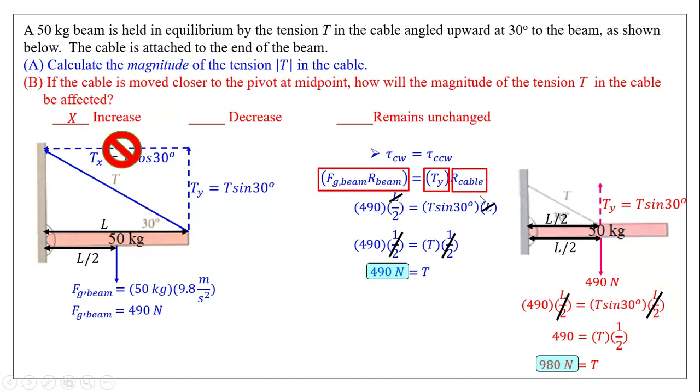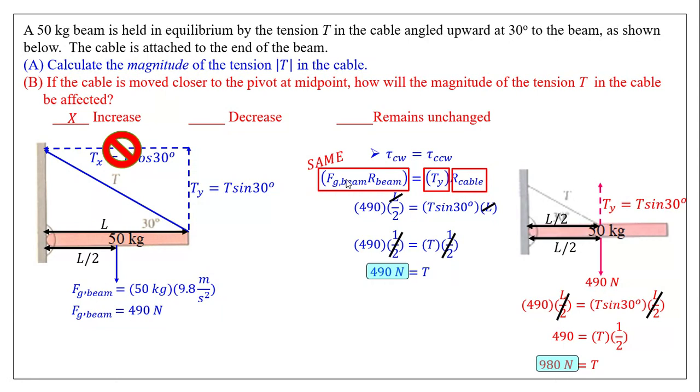I also know that our cable has gone down. So instead of placing it at the very end, it's now moved to midpoint. So I can make this conclusion: the left side, the clockwise torque due to the weight of the beam itself, has not changed. F of G hasn't changed.